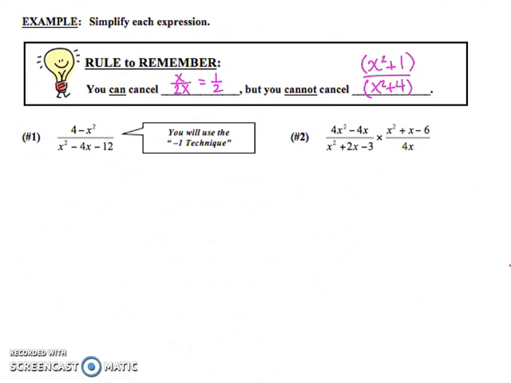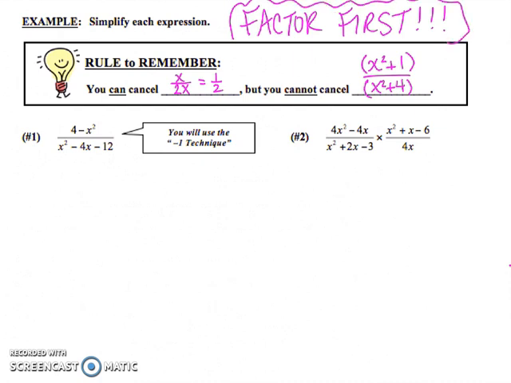So we would not be able to cancel anything on that second expression. Now, whenever we are trying to simplify rational expressions, always, always, always factor first, okay? This is the law of the land with rational expression simplifying. Factor first.